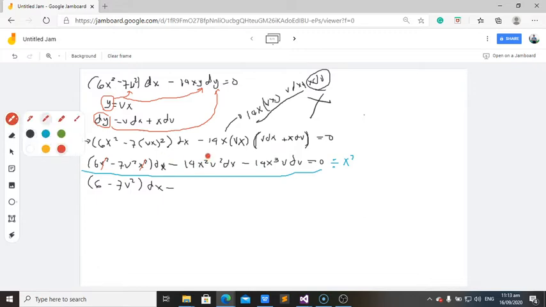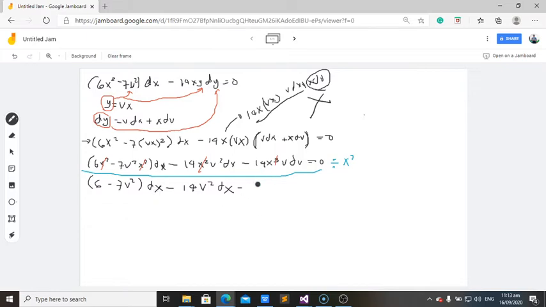So kini makancel out po ni. So kini pagka-cancel na, you have 14v squared dx minus this is also dx.